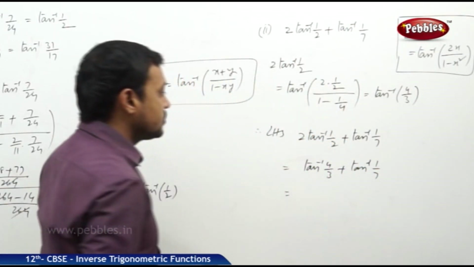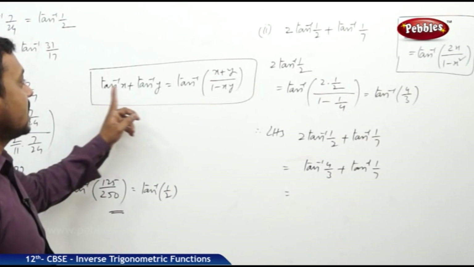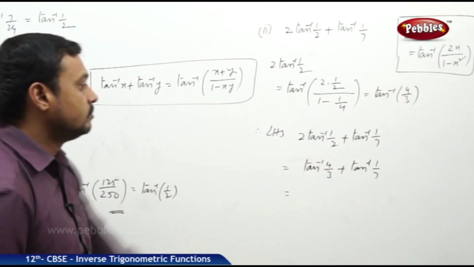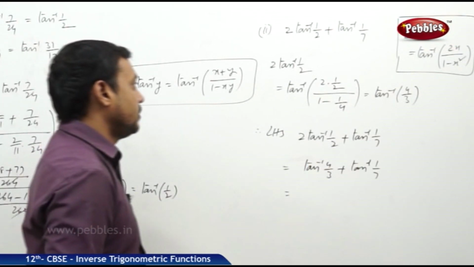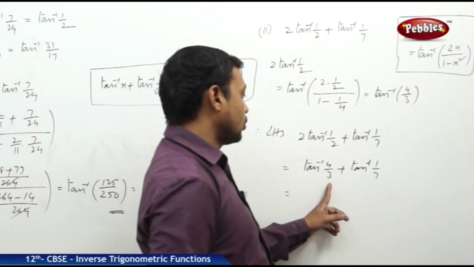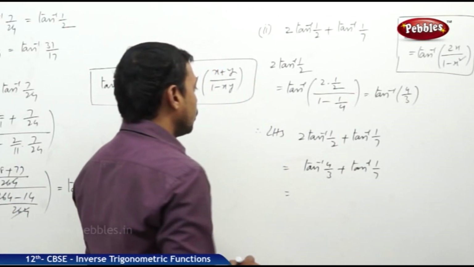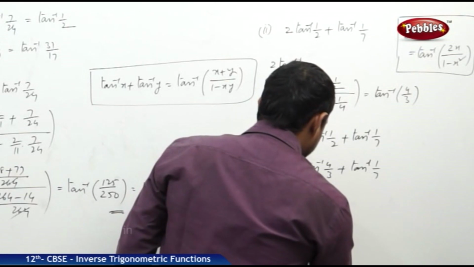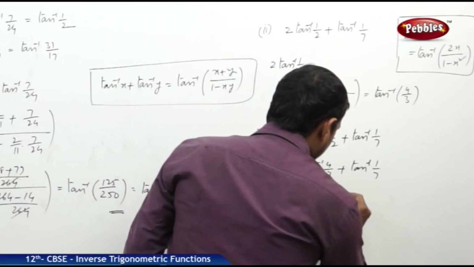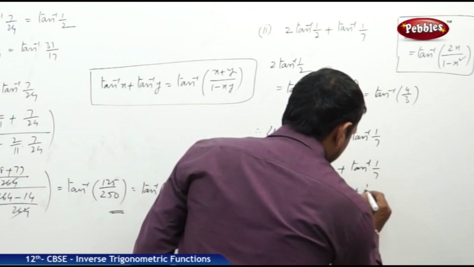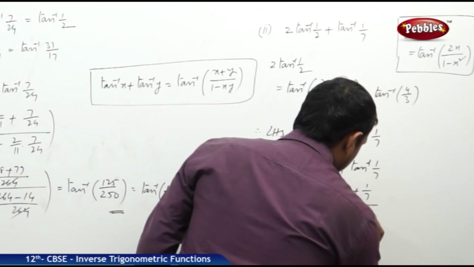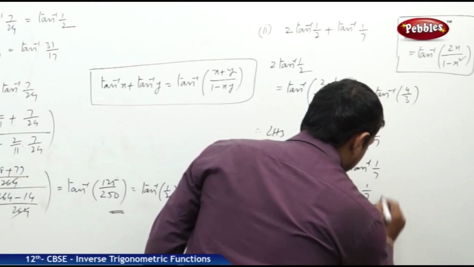Now again it comes into the property tan inverse x plus tan inverse y form. That is tan inverse of x plus y by 1 minus xy, where x is equal to 4 by 3, y is equal to 1 by 7. Now substitute in the formula: 4 by 3 plus 1 by 7 by 1 minus 4 by 3 into 1 by 7.